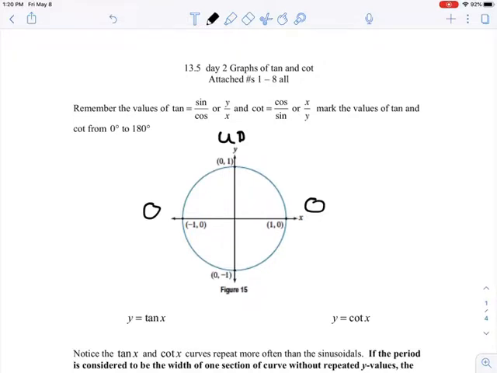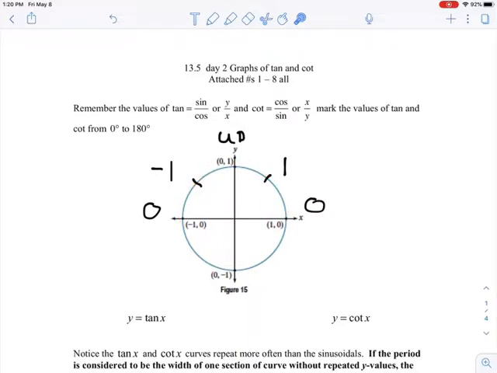Now the cool thing about tangent is the tangent at 45 equals 1, because we're talking root 2 over 2 over root 2 over 2, which equals 1. So the tangent here equals 1, and the tangent here equals -1. So we can see that we go from 0 to 1, undefined, to -1 to 0.